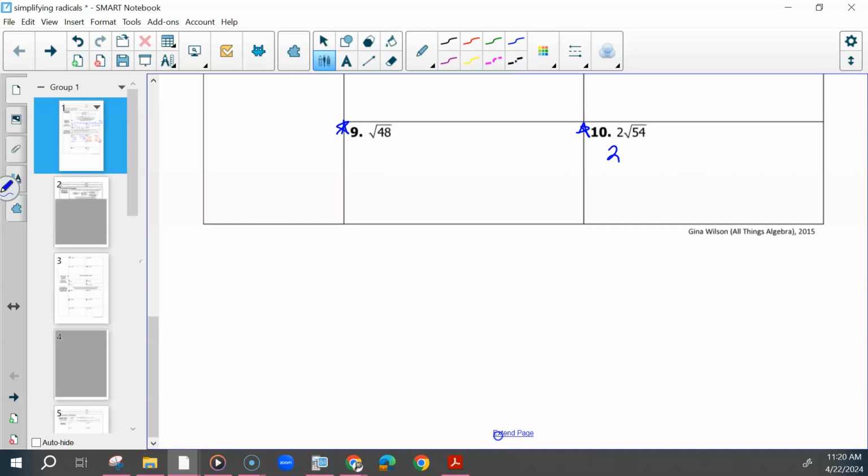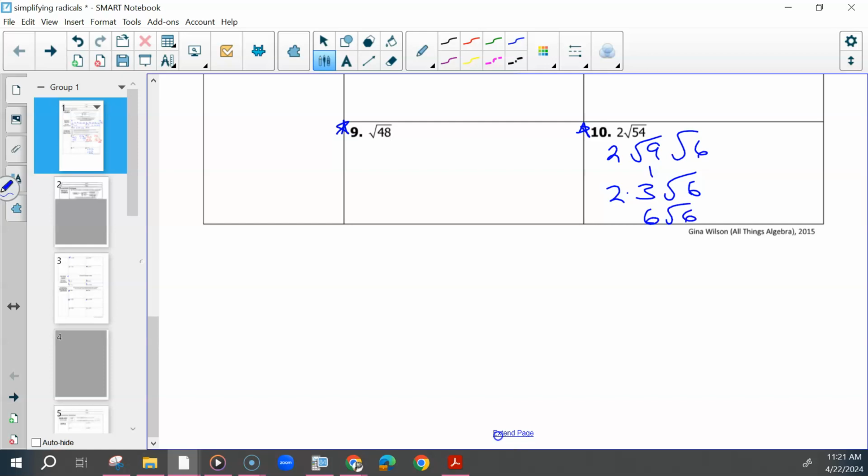I was thinking perfect cube. 25 wouldn't go into 54. 9 and 6. Square root of 9 is 3. And if I think about the factors of 6, it's 2 and 3. Neither of those has a pair, so that's just going to stay the square root of 6.